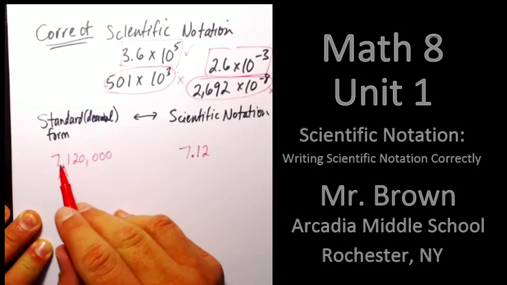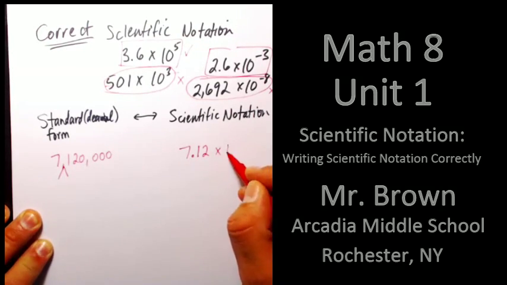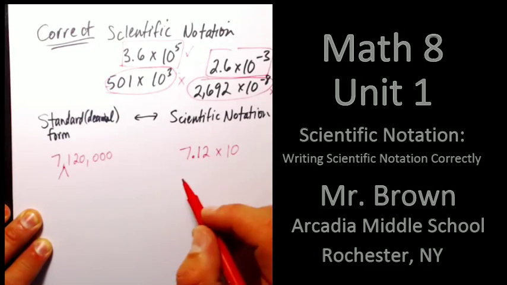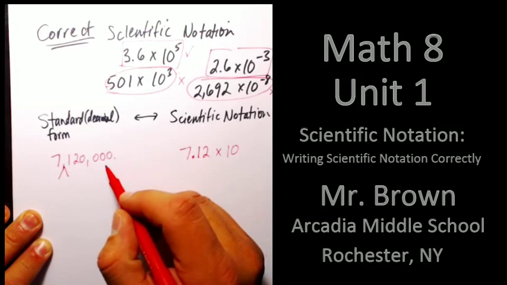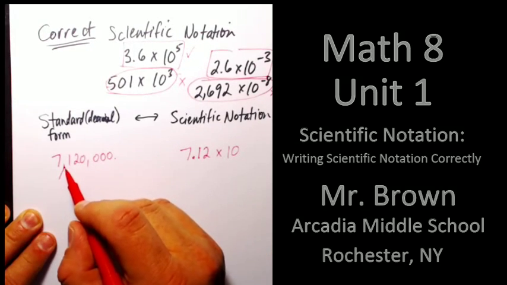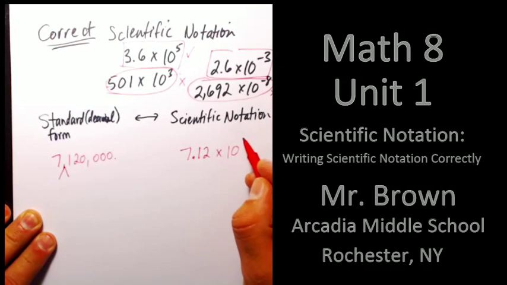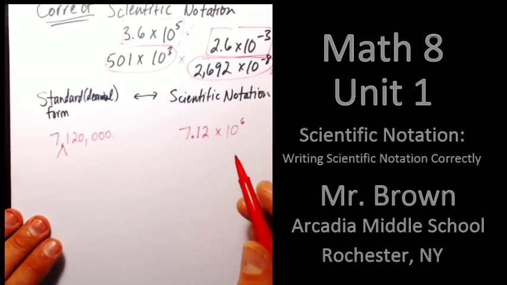If there are any zeros in between these numbers, you have to keep them. You're not allowed to drop those. So you're going to write 7.12 times 10 to the, well, the number of decimal slides it would take to get to where the decimal is, a total of 1, 2, 3, 4, 5, 6 places. So that's what the power would be. This is a magnitude 6 problem, otherwise known as the millions.